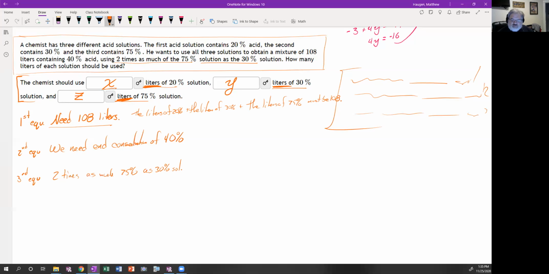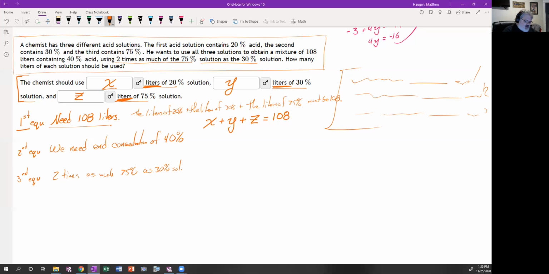Right? Do we have a symbol that means the liters of 20% solution? That's supposed to be our X, right? Plus the liters of 30%, Y, plus the liters of 75%, Z. Those numbers of liters are supposed to add up to 108. Okay, so that's our first equation.